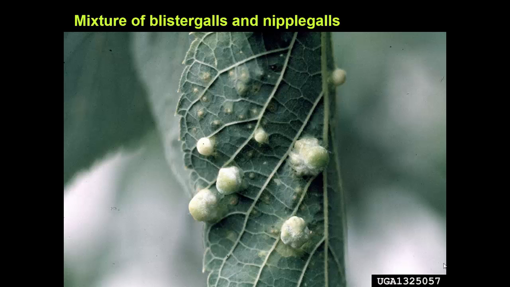In this case, we see a mixture of hackberry blister gall and nipple gall psyllids. The big bumps are produced by a nipple gall psyllid, but all over this leaf are blister galls, and around the base of many of the nipple galls are lots of blister galls as well. There could be perhaps 100 or more blister galls in this image, and 4, 5, 6, 7 nipple galls.